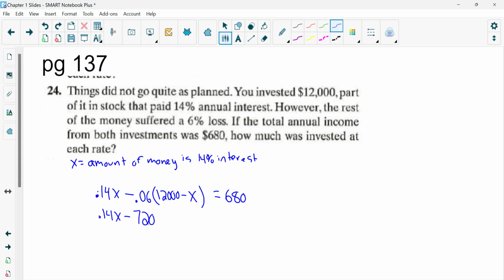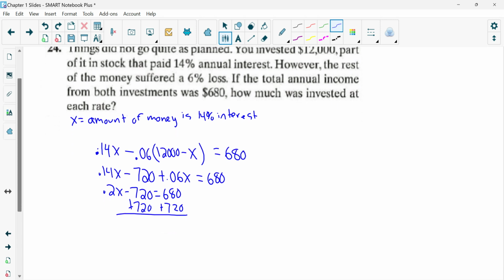And then I'm distributing here: negative 0.06 times negative x would be positive 0.06x. We add our like terms: 0.14 plus 0.06 would be 0.2x, minus 720 equals 680. We're adding 720, so we get 0.2x equals 1,400.